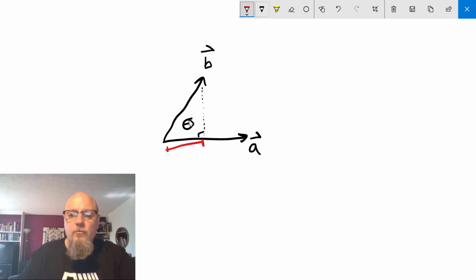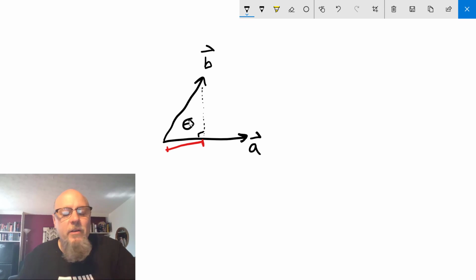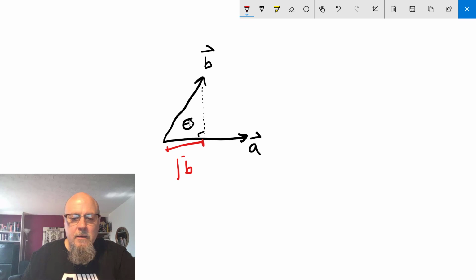If we were just going to use regular plane trigonometry, I know how long this vector is, the magnitude of B, so I know that the length of this line is the magnitude of B times the cosine of the angle between them. That's how long this is.